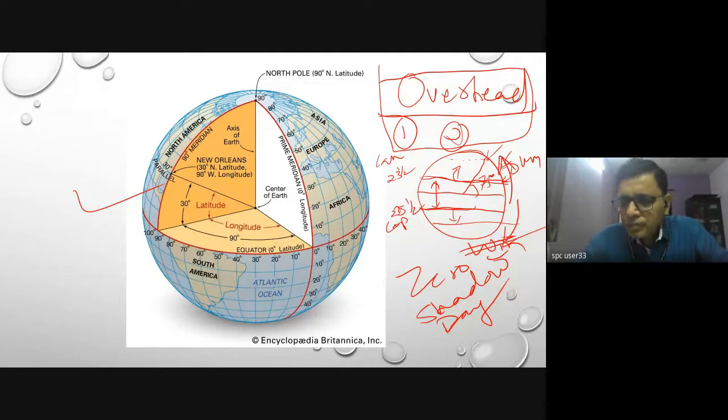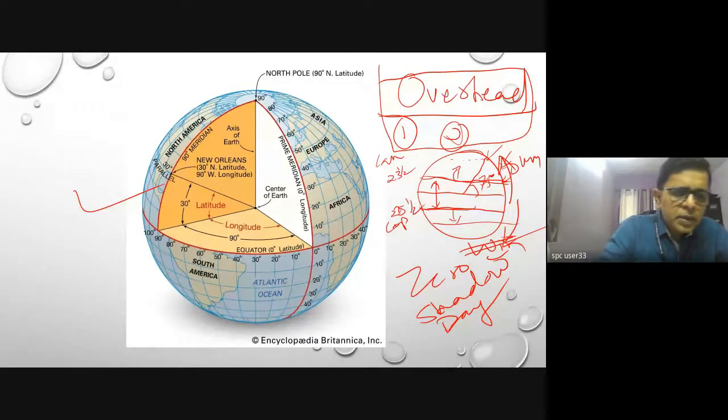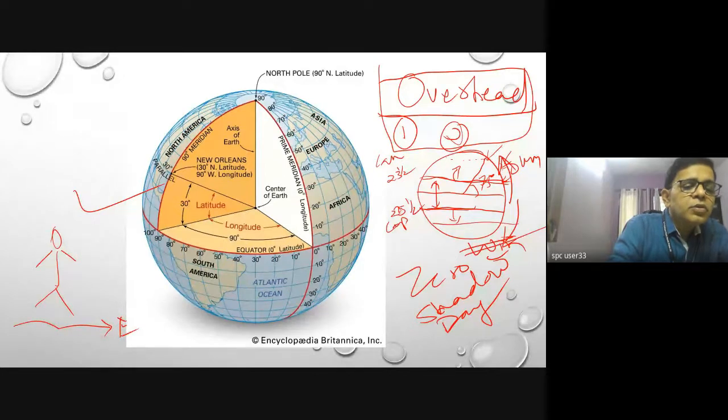Sir, I'm not getting this overhead thing. Overhead in the sense, okay, now this is an individual, right? The other day we said that this is going to be your east and this is going to be your west. So the sun now, let us say, rises in the east early morning. It comes up, say, let us say this is now 9 o'clock, and 10, 11.